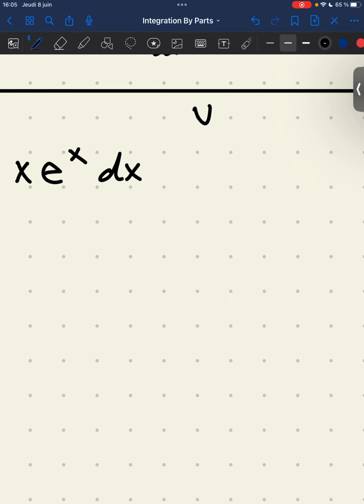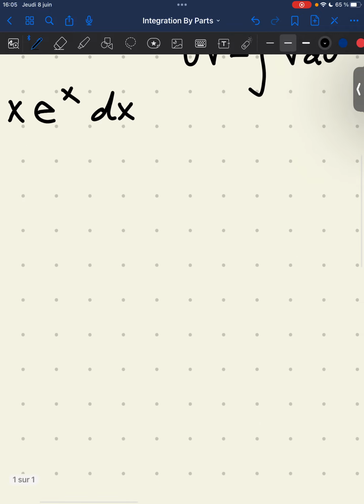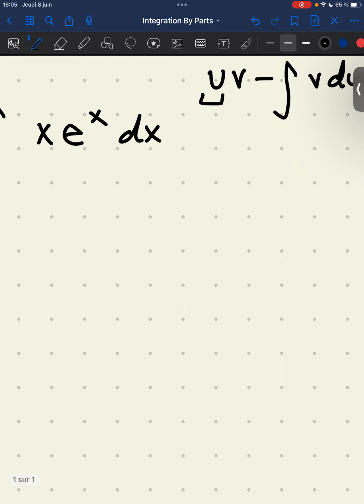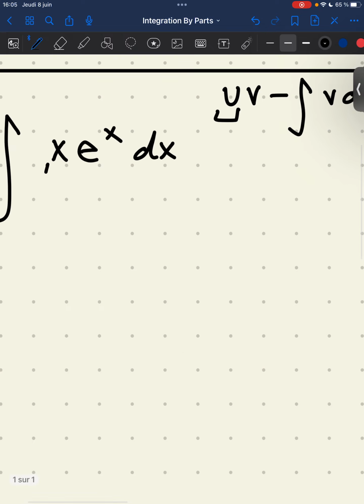Let's write what the general formula is: uv minus the integral of v du. Typically you want to let your u be the one that is easier to differentiate. The easiest one to differentiate is x, because if you differentiate x, f prime of x would just equal 1.